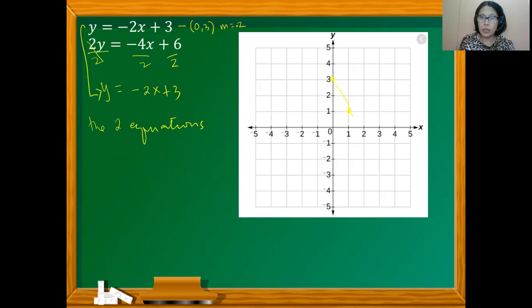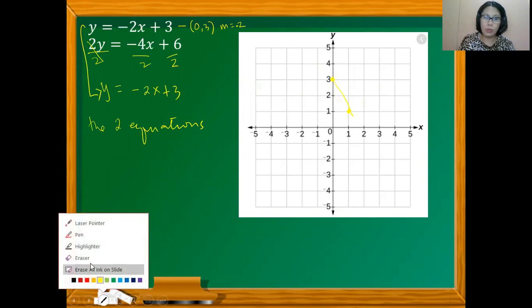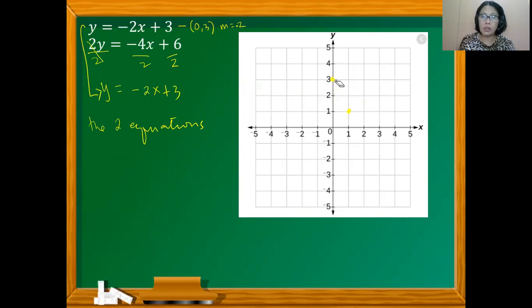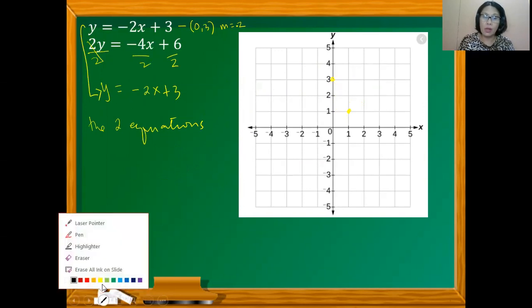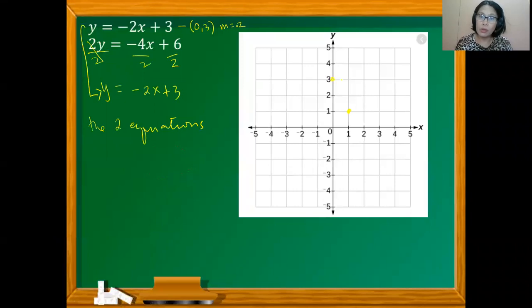Connecting the 2 points, we'll be able to sketch the line represented by the first equation as well as the second equation, since the two are equivalent. So we can say that the two lines coincide because they are equivalent.